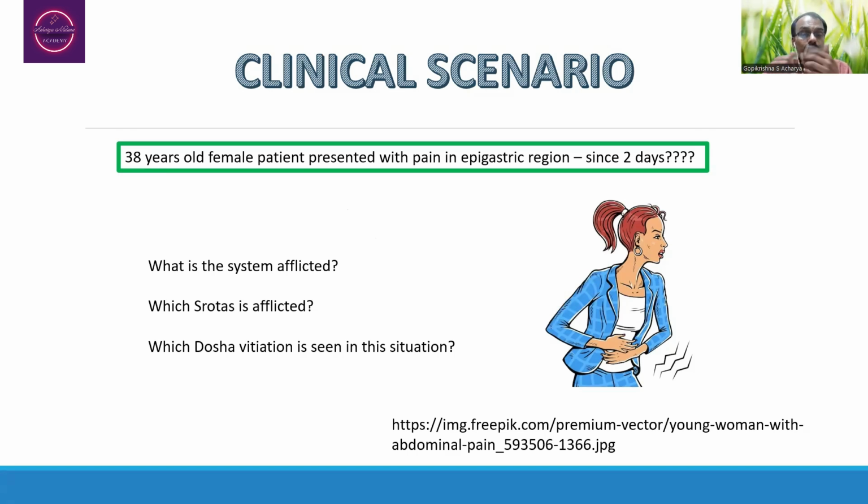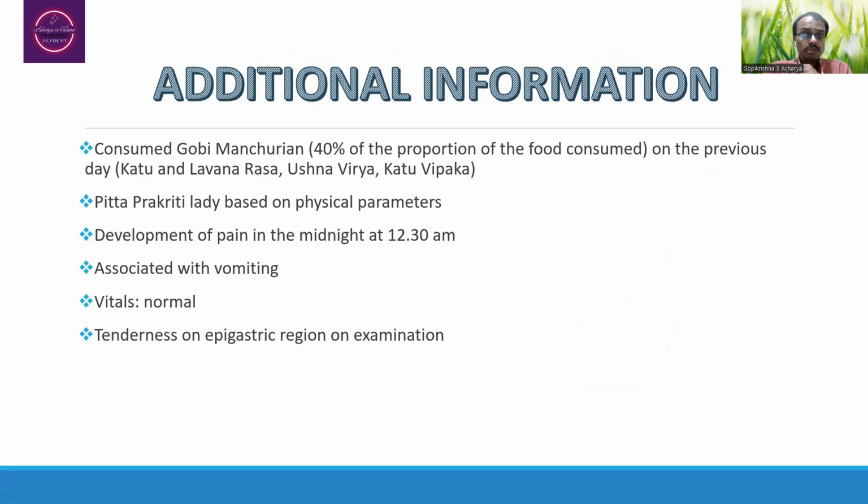Now we are looking into some additional information. The 38-year-old lady consumed gobi Manchurian, which was 40% of the total food consumed on the previous day.